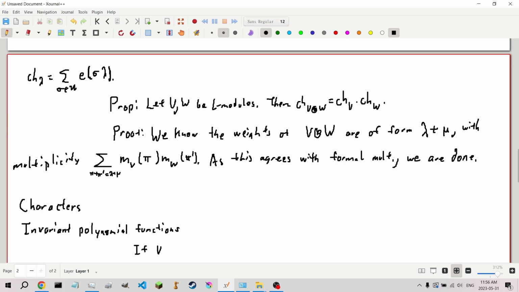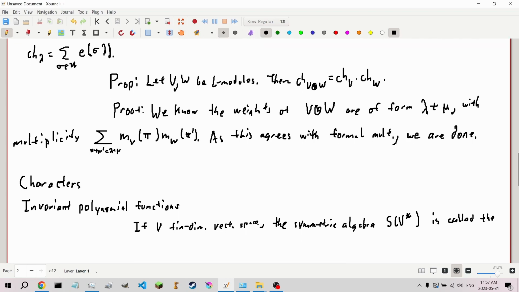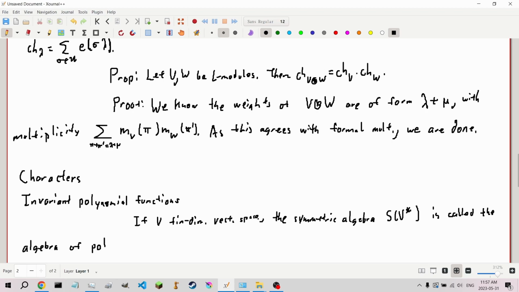If V is a finite dimensional vector space, the symmetric algebra on the dual space, remember that I called this S because they use some weird symbol for it, is called the algebra of polynomial functions on V. Because keep in mind that the symmetric algebra is essentially the tensor algebra, except with the tensors being assumed to be commutative.